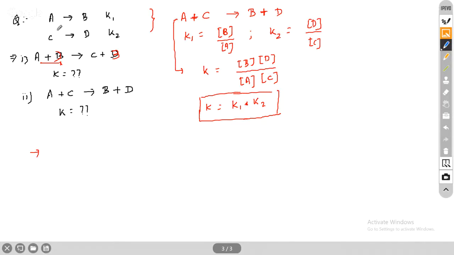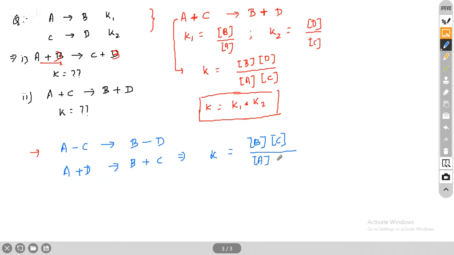Now when we subtract these two, we get A minus C gives B minus D, which further we can write as A plus D gives B plus C. Now for this, if I write down the value of K, that will be the concentration of B, concentration of C divided by the concentration of A and the concentration of D. Again, you see B by A is K1, D by C is K2.